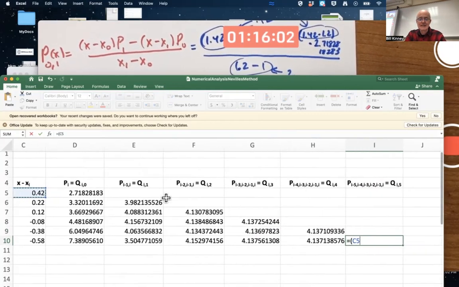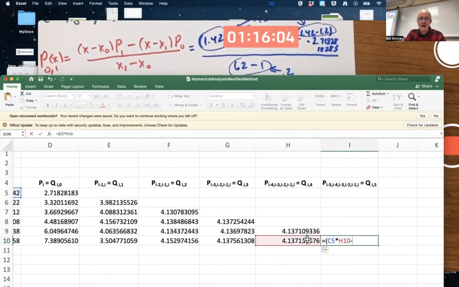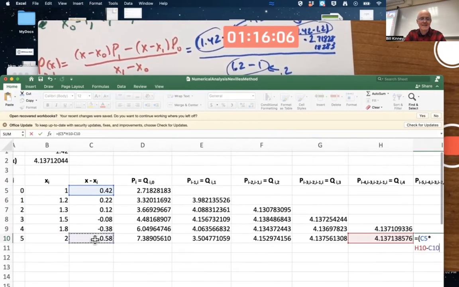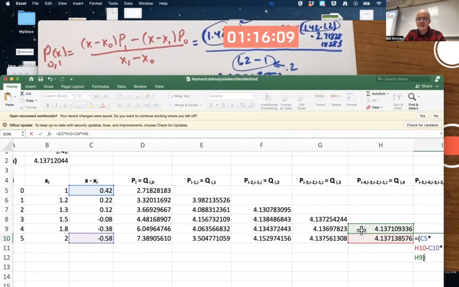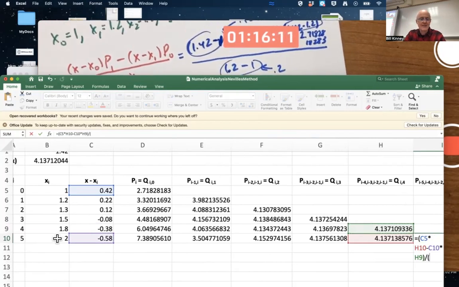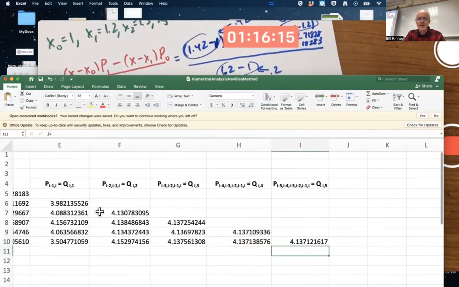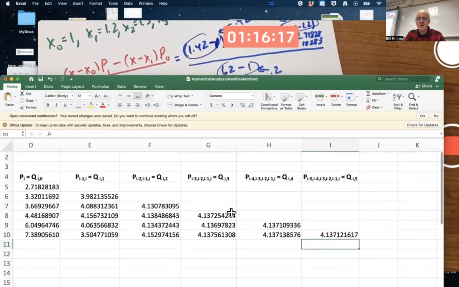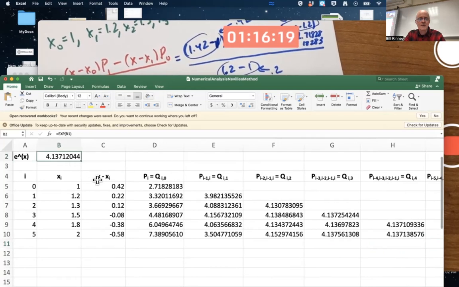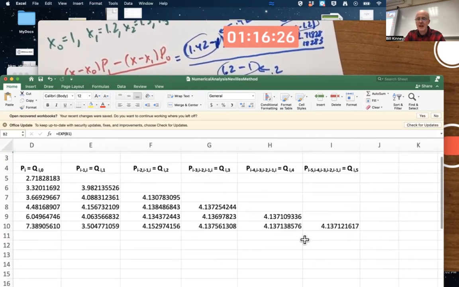This times this minus this times this, all divided by this minus this, which is 1.13712617. Okay, we're finally off in the last three decimal places. What's the absolute error here?